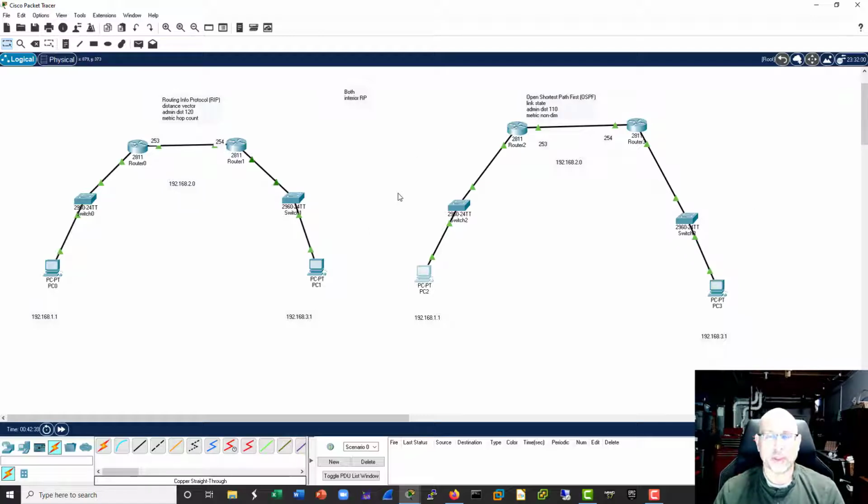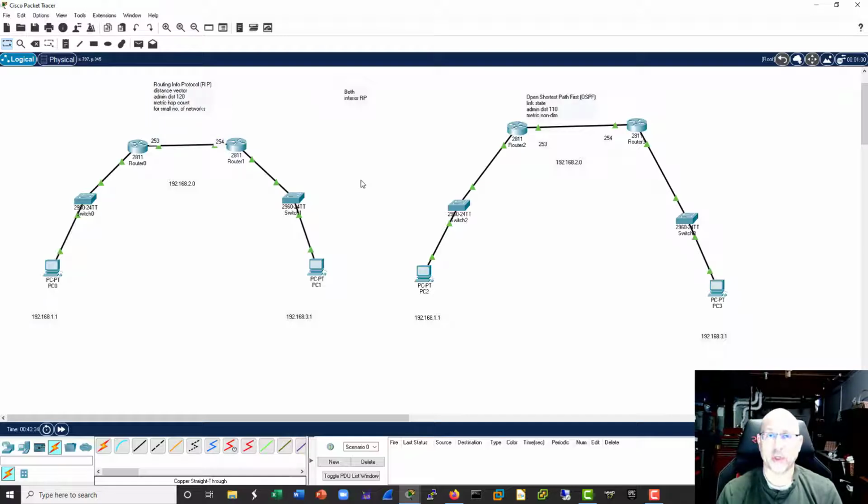Now, this is where these 2 protocols sort of diverge significantly. One of the problems with RIP is that it's for small number of networks. And for RIP, infinity, or the unreachable distance, is 16. So we need less than 16 hops over here. But OSPF does not have the same problem.